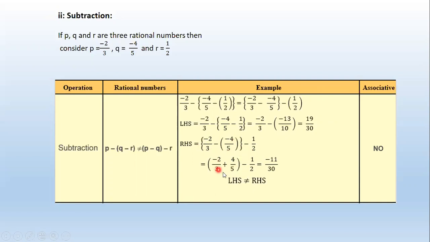So when we solve this, minus 1 by 2, we get the value minus 1 by 30. So here LHS is not equal to RHS. When we see the values of LHS and RHS, they are not equal. So we can say that the associative property is not true for subtraction.